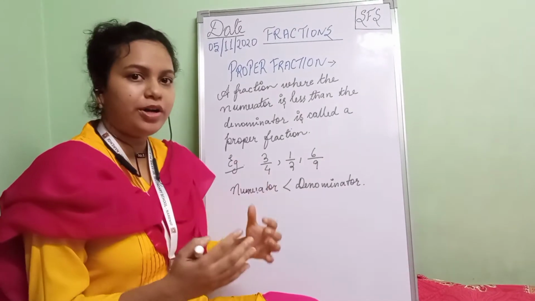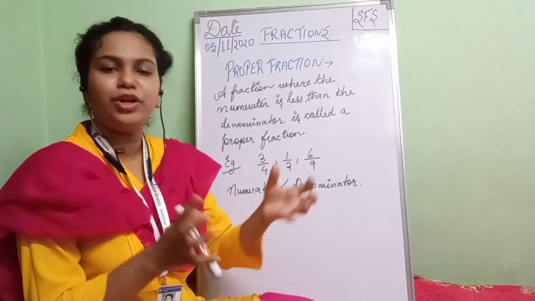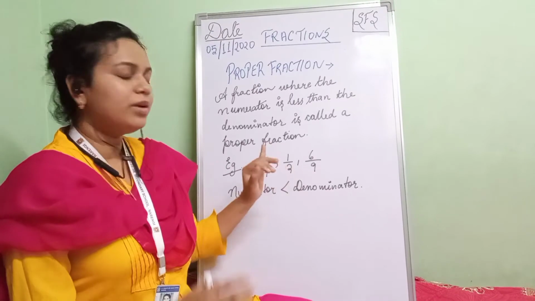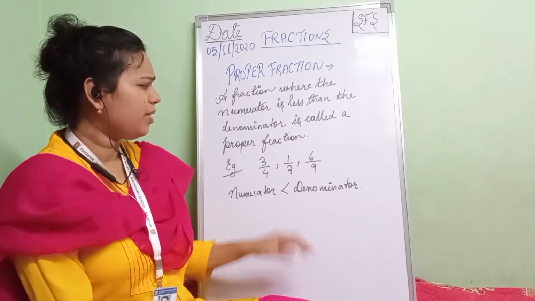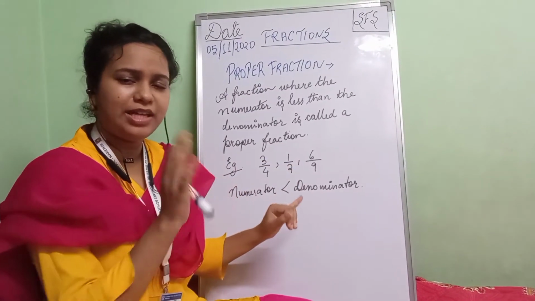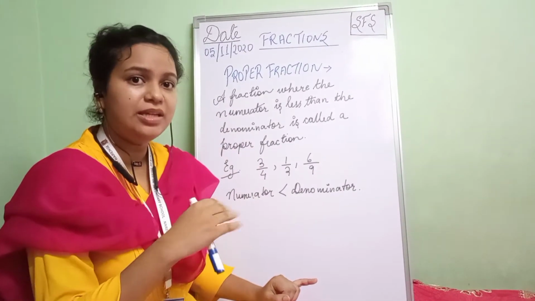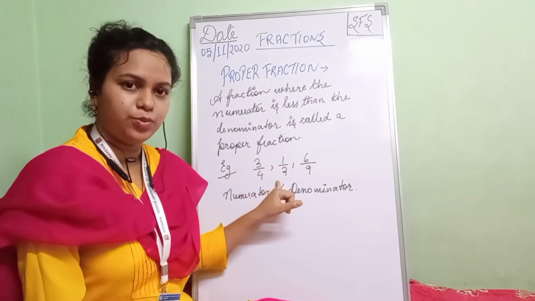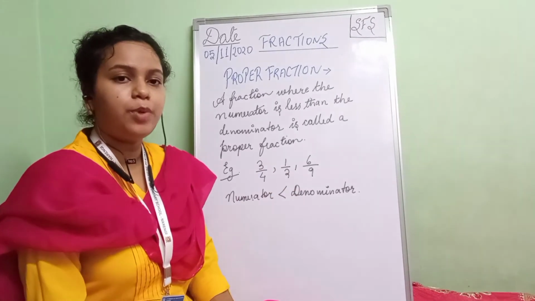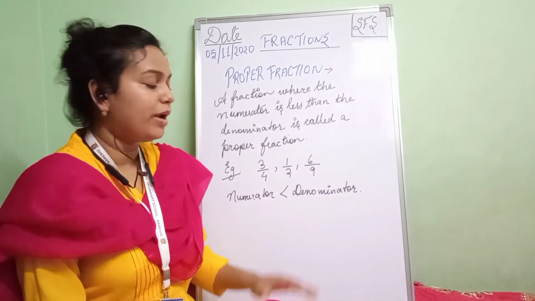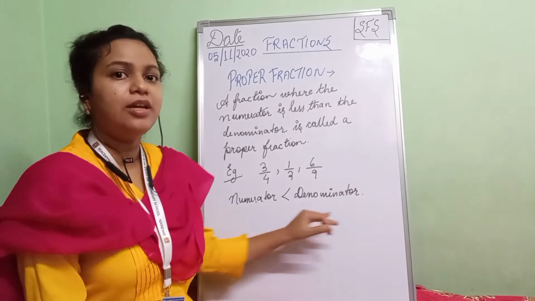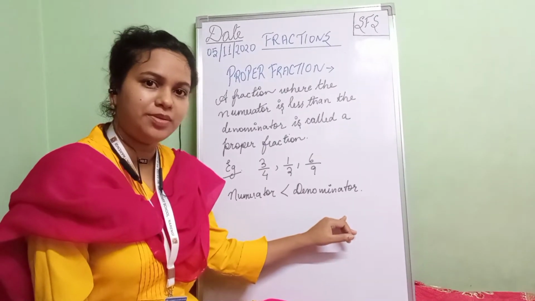Similarly, in the morning, if you take a puri or a roti, and if you cut it into 2 halves, and if you eat one half and keep the remaining, then the fraction of the part that you have eaten is 1 by 2. Alright, children? So proper fractions are fractions where the numerator is always less than the denominator. Okay, children?